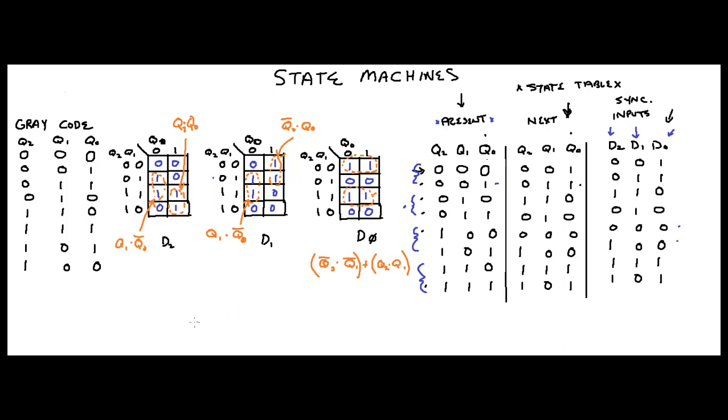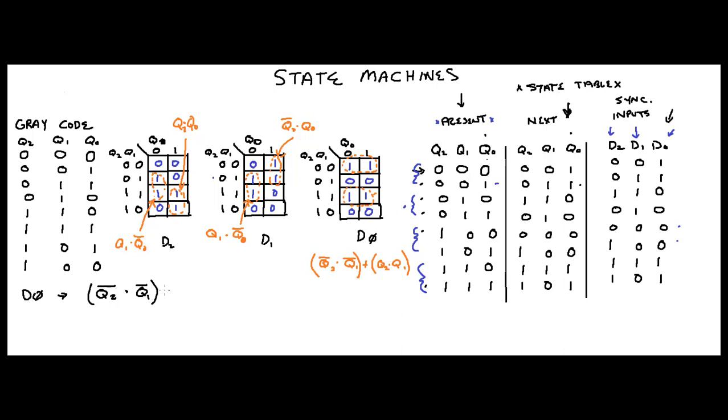So let's write them here, shall we? We call that D0. What's that going to be? It's going to be Q2 bar ANDed with Q1 bar.